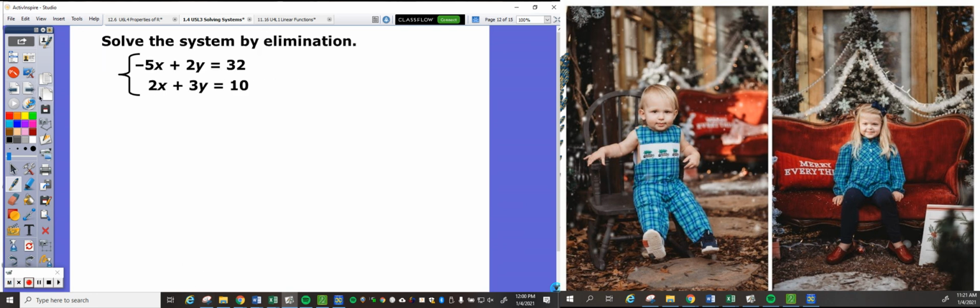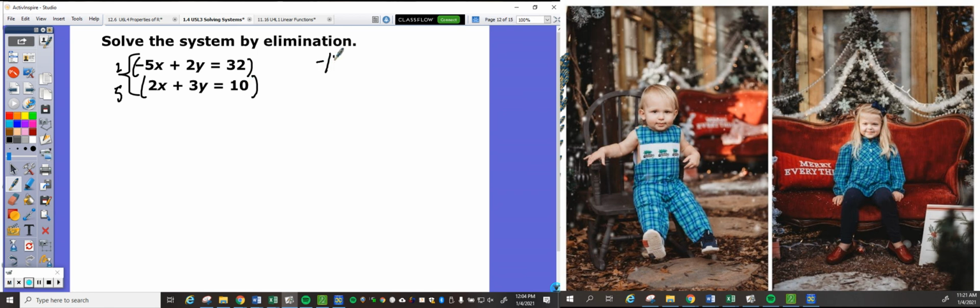Let's try one. DJ, what did you multiply the equations by? I'm going to multiply the top equation by 2, and then the bottom equation by 5. So we multiply the top equation by 2 and the bottom equation by 5, so you're eliminating the x's.